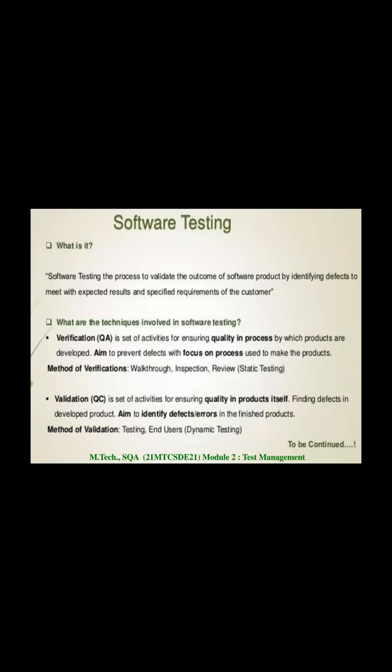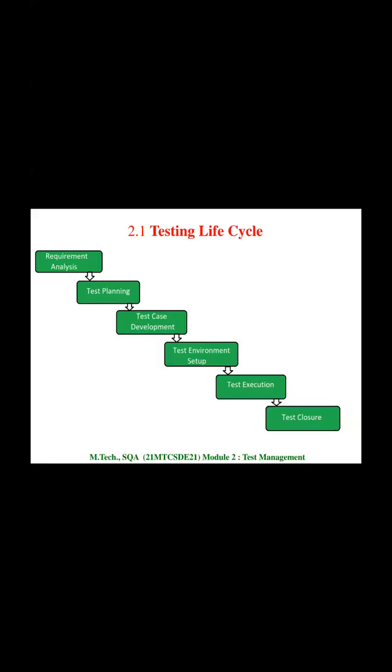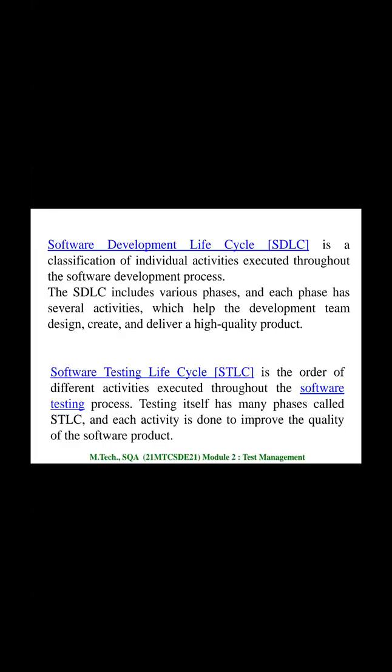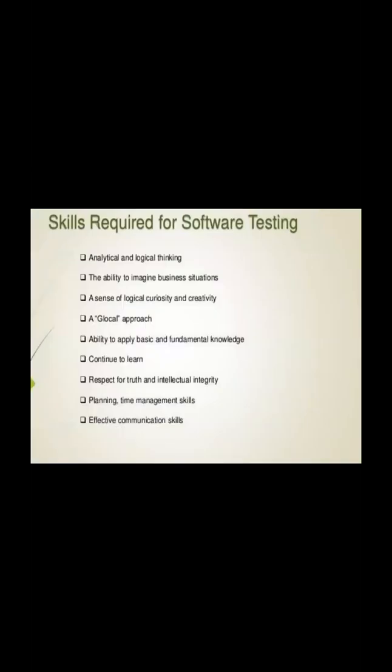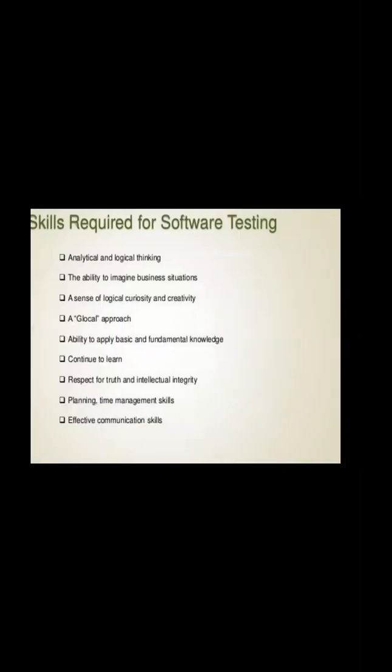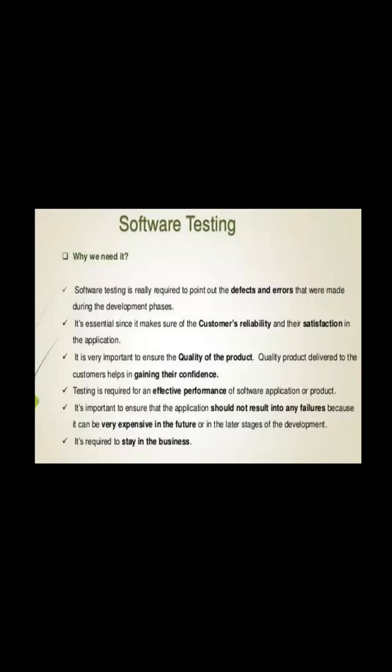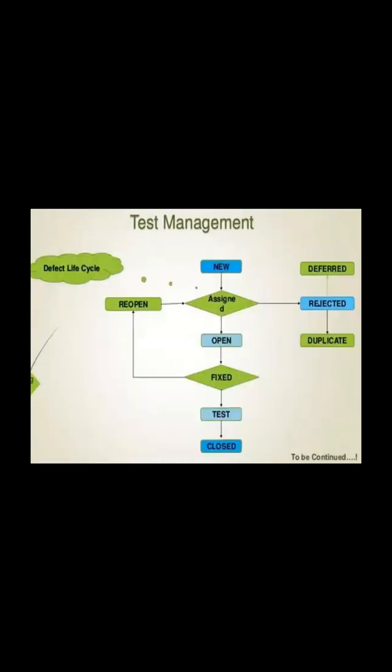So we started with what is software testing. Then we saw the testing life cycle stages. Then we discussed the differences between software development life cycle and software testing life cycle. Then we discussed skills required for software testing, what is software testing, and how to carry out test management.